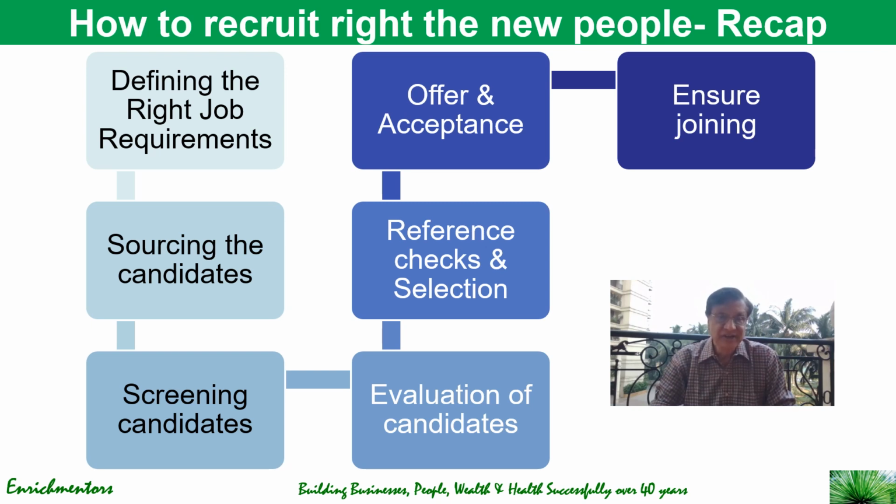Screen the candidates, take out the candidates that do not meet your job requirements. Then evaluate, out of the screened candidates, who are the right candidates through a systematic process of selection, reference check, and make a final selection, make an offer and acceptance, and finally make sure that they join. So this is the whole process that we spent a great deal of time on in the last section, and we had a lot of lectures dedicated to that, and you could go back and take a look in case you need to recap that.